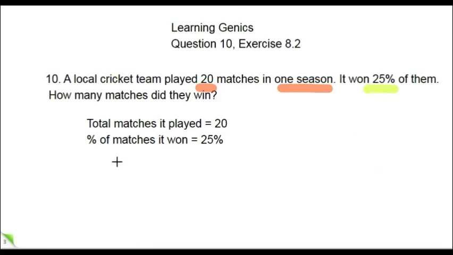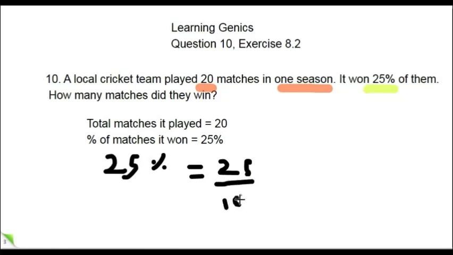20 matches are the total matches, and 25% means 25 by 100. You know how much 25% is: 25 by 100, which we will use in our formula to calculate the number of matches they actually won.